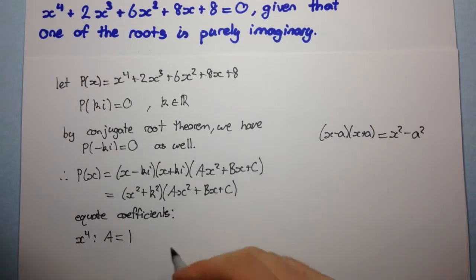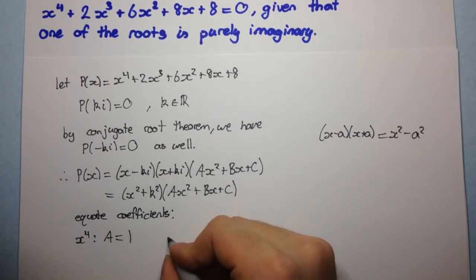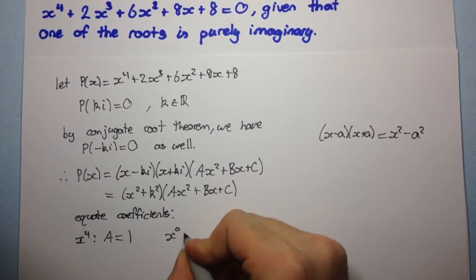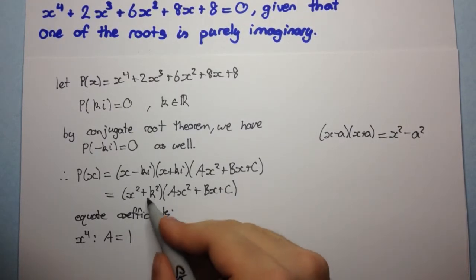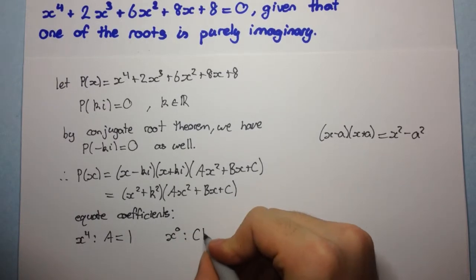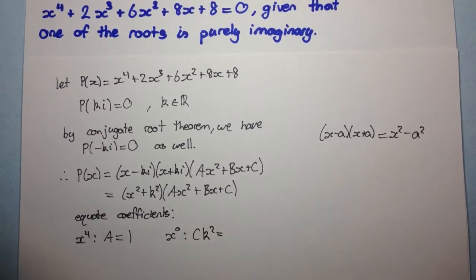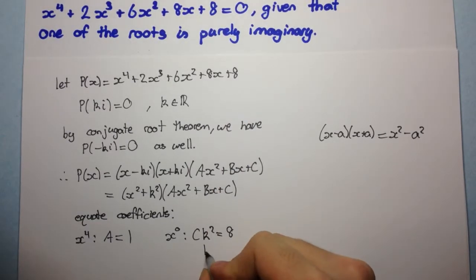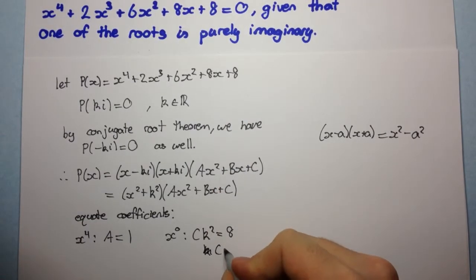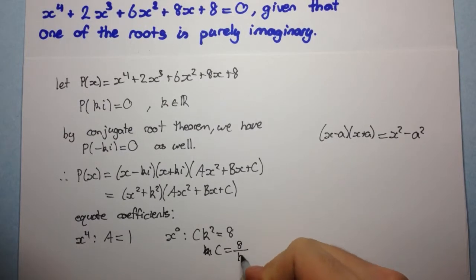Now let's consider maybe the constant term, so x to the 0. So the constant term will be c times k squared, so we have c k squared is equal to, the constant term is 8, and so this means that c is equal to 8 over k squared.